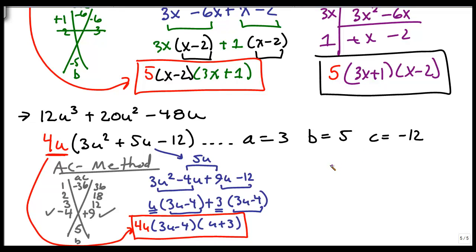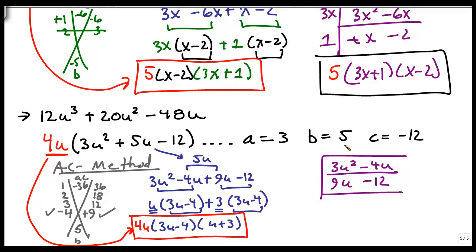Okay, I like to look at this in terms of the box method. So for my box method, greatest common factor in my first column is 3u. Greatest common factor in my second column is minus 4. Greatest common factor in my first row is u.